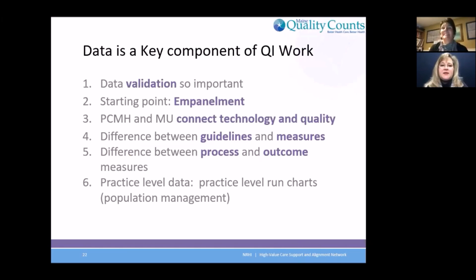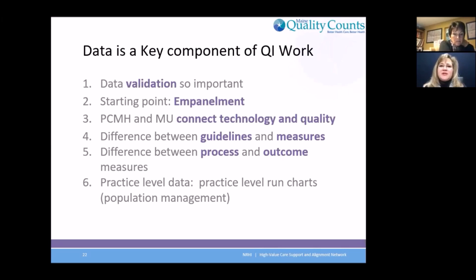So again, data is truly a key component of QI work. And one of the things that I have found in this work to be so helpful is to truly take the time to validate your data. I've been in projects where we think we're clear on our numerators and our denominators, and really looking at different screening rates or populations. And then we're in it like 3 months, and then we realize maybe the EHR, maybe we put that in, how do we want to do that?